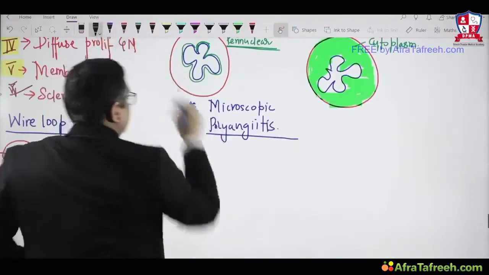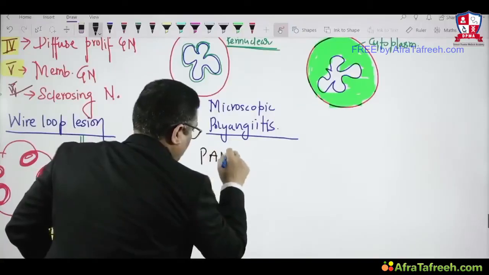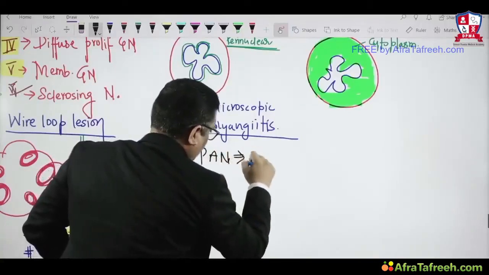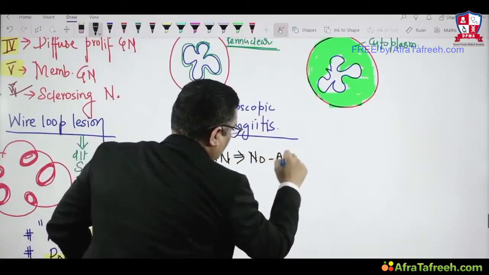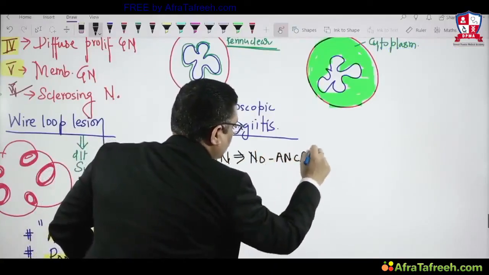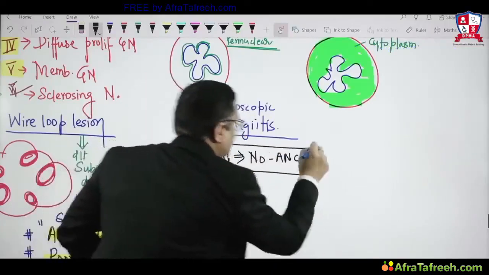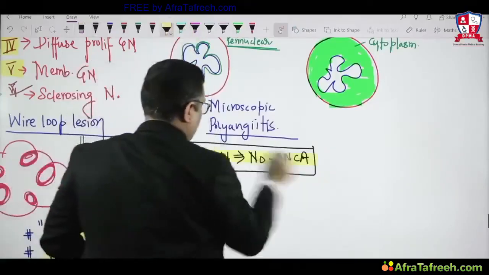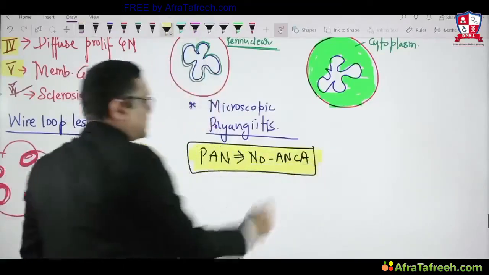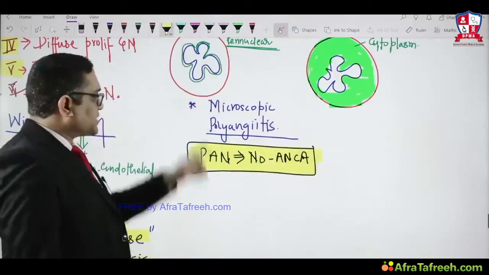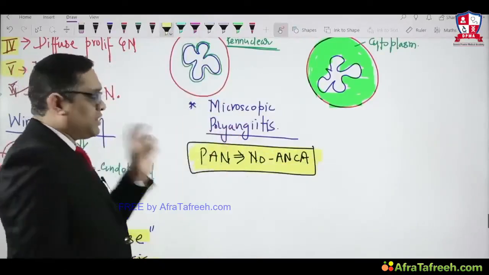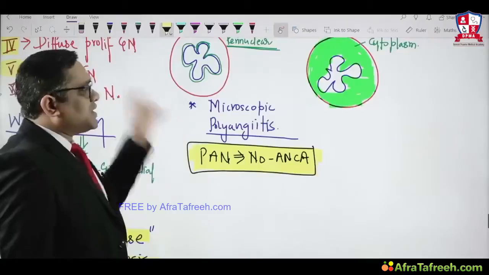Why am I telling you like this? Because in polyarteritis nodosa there will be no ANCA. This was the All India question in 2011, so keep this point firmly in mind. In PAN, there will be no ANCA. It is microscopic polyangiitis where you will find ANCA, and that ANCA is P ANCA.